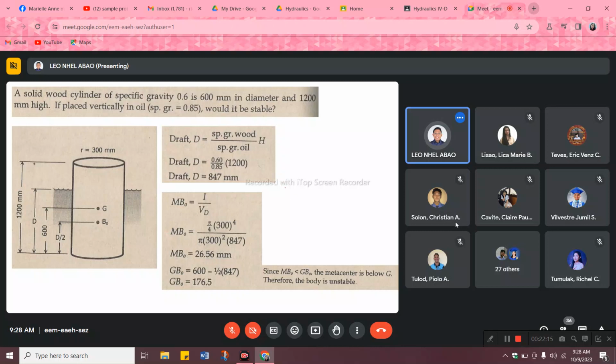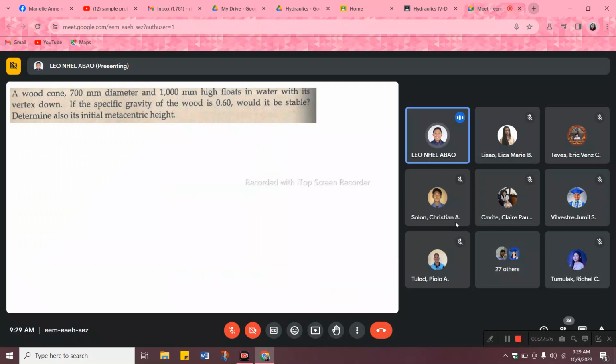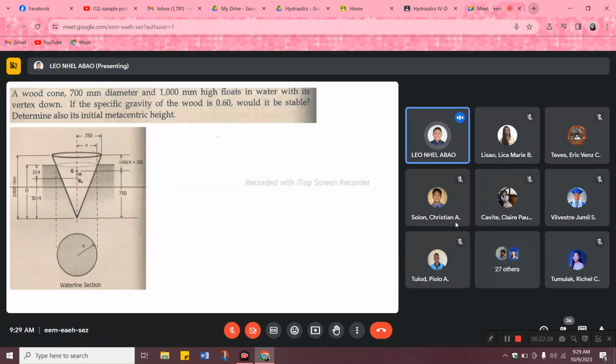Any questions, class? None. So, let's continue. We have a wooden cone, 700 mm in diameter and 1000 mm high, that floats in water with its vertex down. Vertex means its tip.